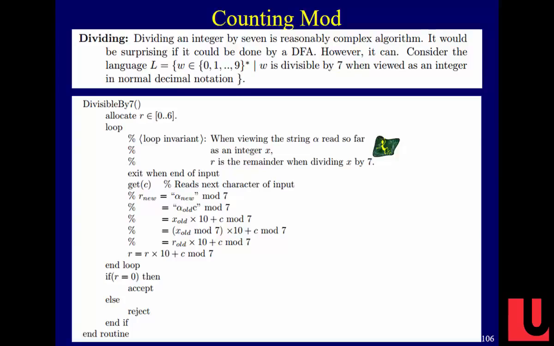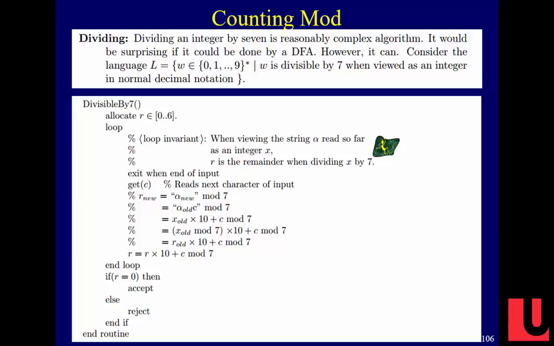When we get this 5, we take our old answer here. Let me write it up here. Our old answer had a remainder of R, and we brought in another character.